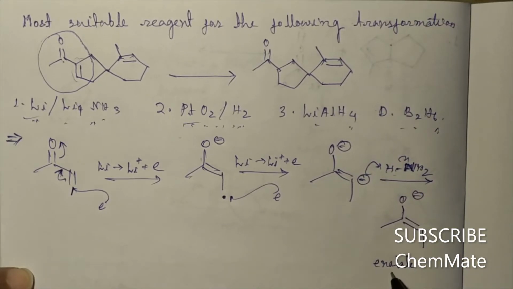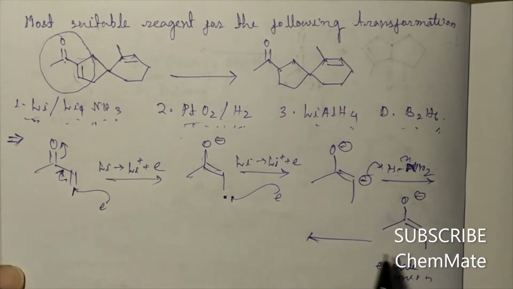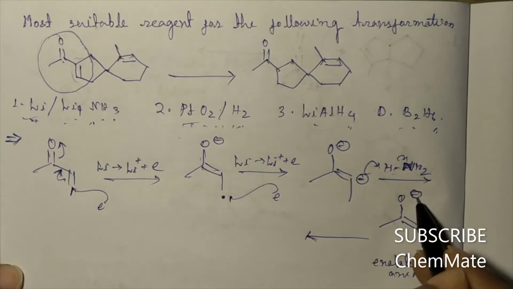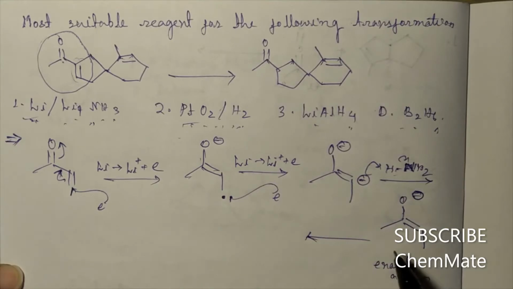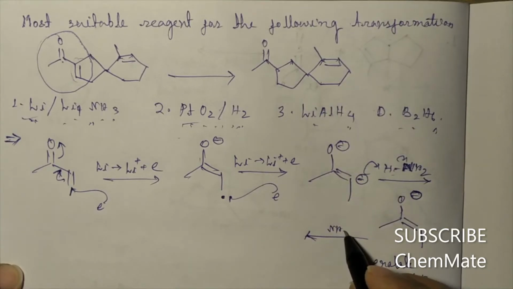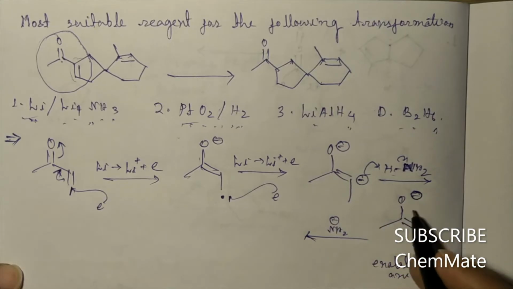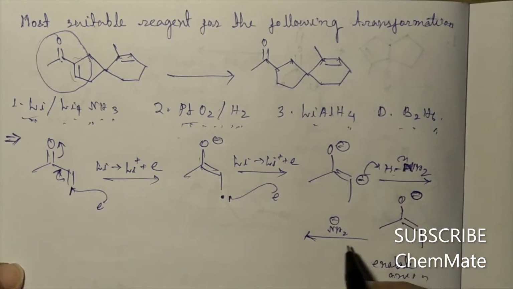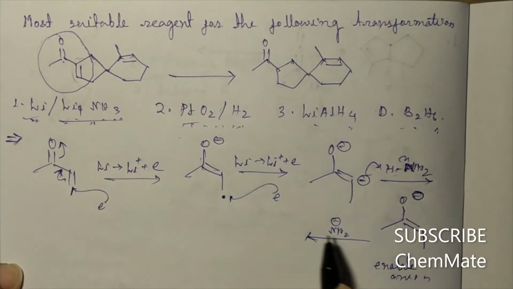This is the enolate anion. Now in this condition, Li in liquid NH3, this will not take a proton, because NH2 minus, which is a strong base, is stronger than O minus. So it will take the proton again. So this is stable in liquid ammonia.